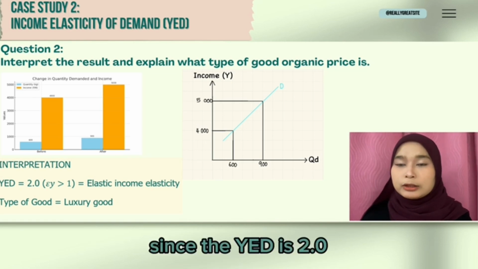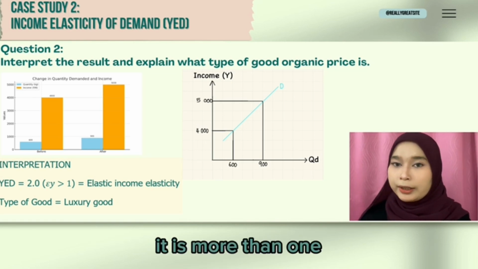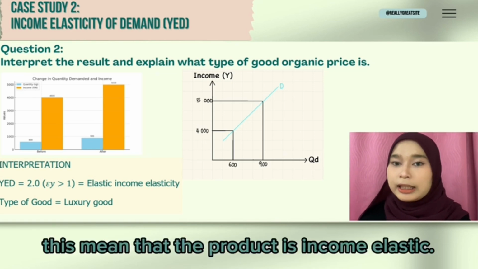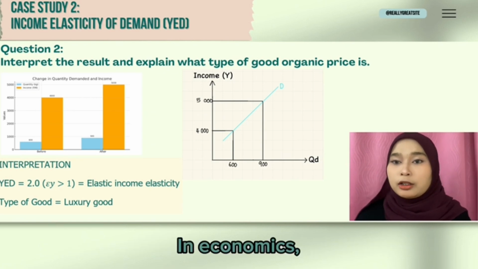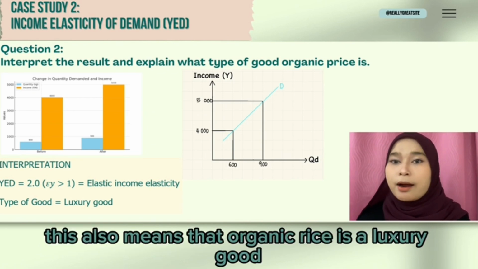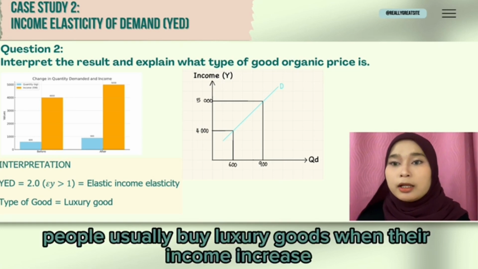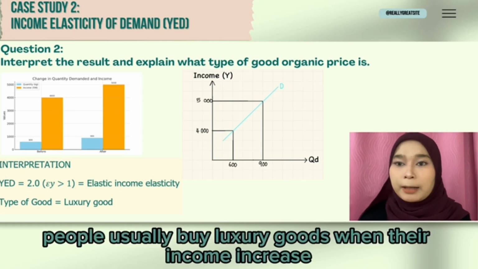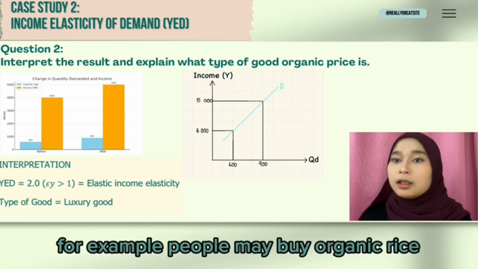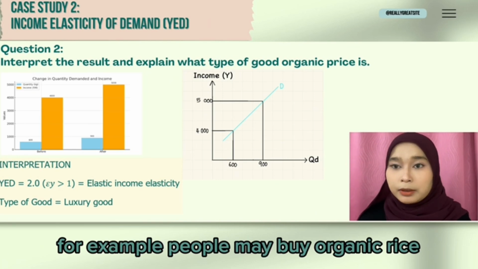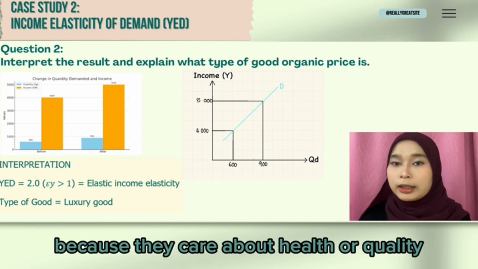Since the YED is 2.0, it is more than 1. This means that the product is income elastic. In economics, this also means that organic rice is a luxury good. People usually buy luxury goods when their income increases. For example, people may buy organic rice because they care about health or quality.